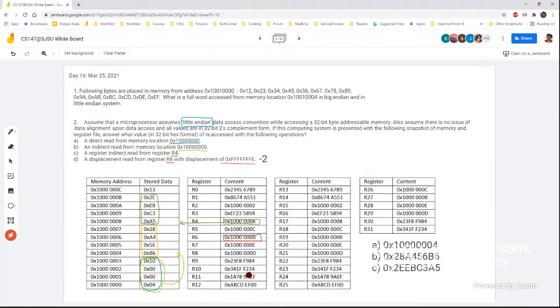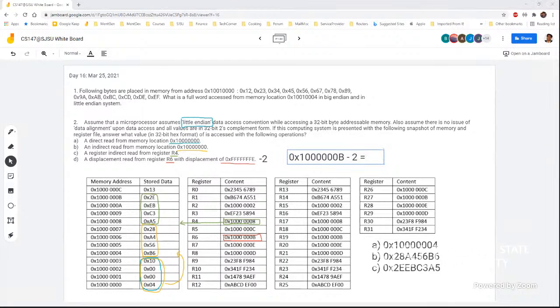So it will be 9, right? We're computing 0100000b minus 2.